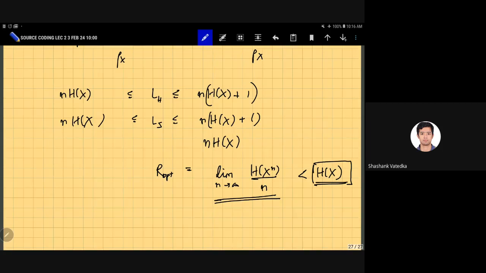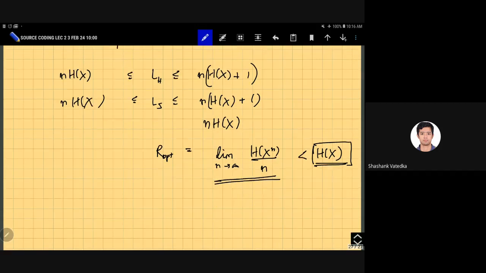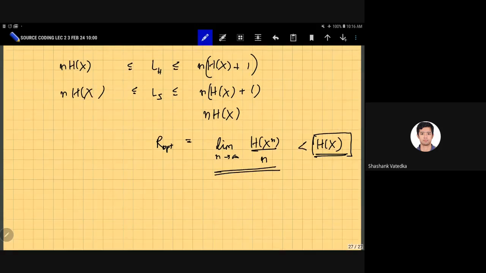For a non-IID sequence, H(X^n) is not equal to n times H(X). It will be strictly less than n times H(X). That follows from the fact that conditioning reduces the entropy of a random variable.